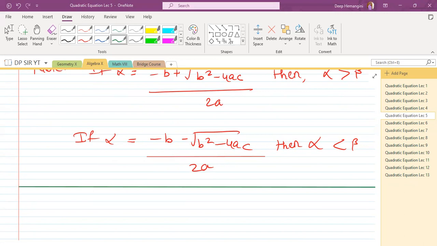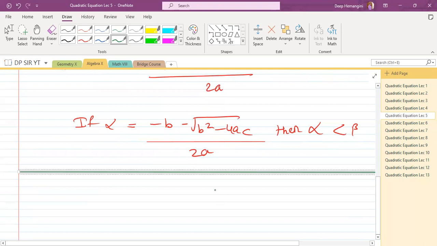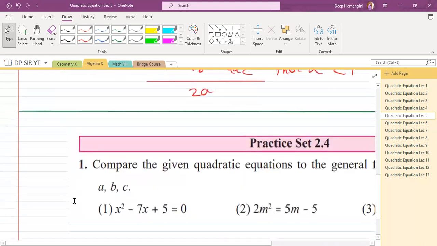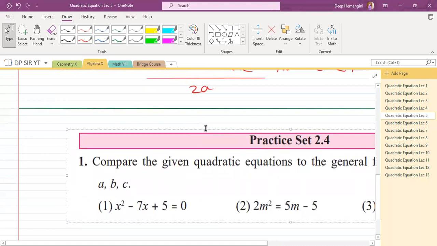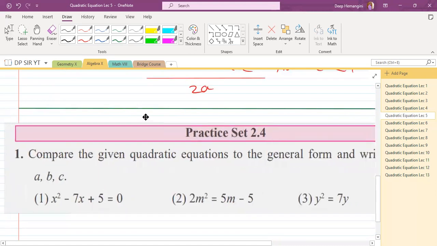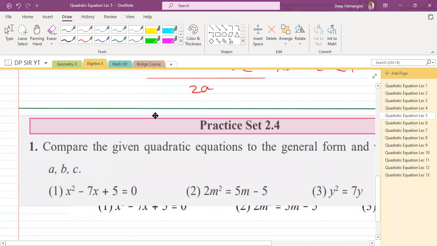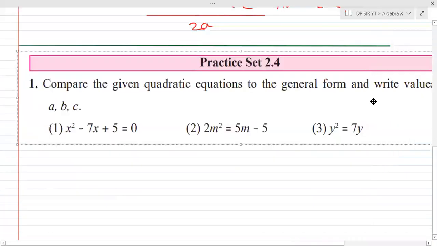So first question is very simple. It's same as practice set 2.1 जिधर हम लोग values find करने का काम कर रहे थे. Not a big deal. In fact, I hope the questions are visible to you now.